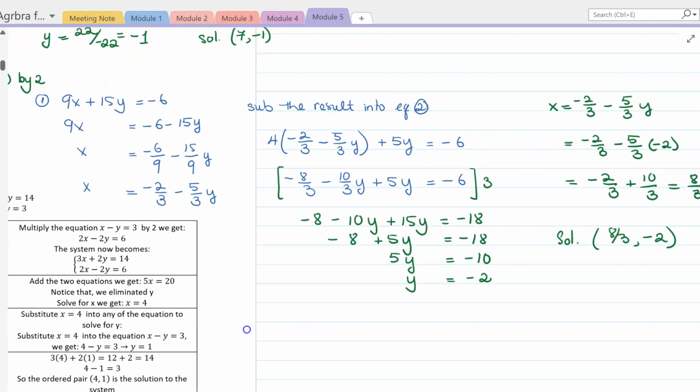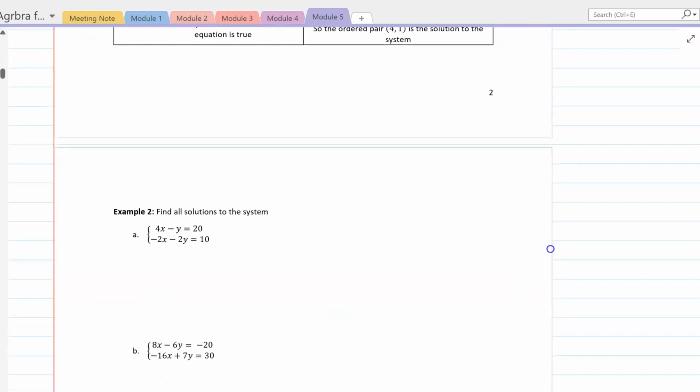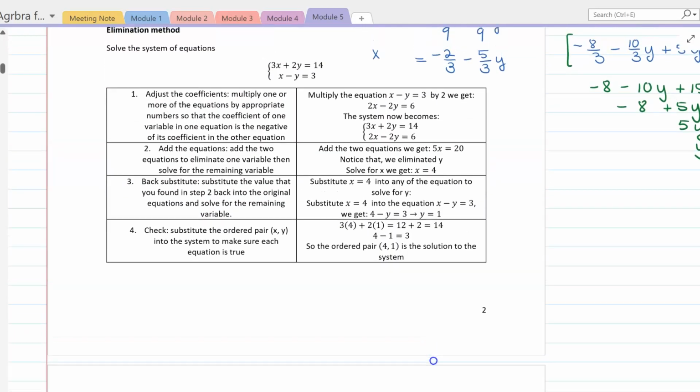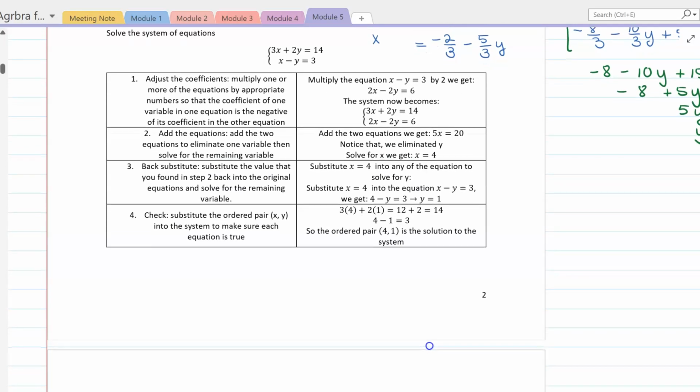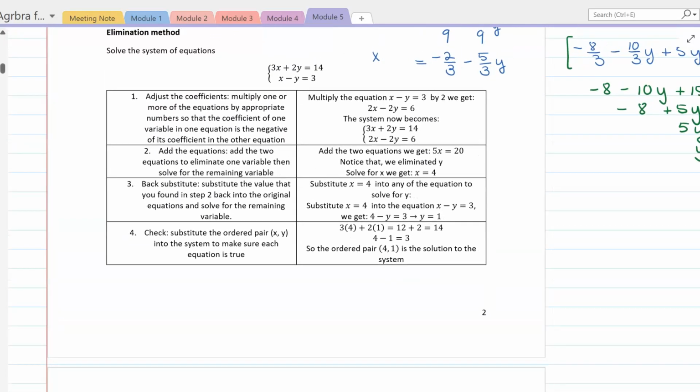The next thing we want to look at is solving the system of equations by using the elimination method. In the elimination method, the goal is to get rid of one of the variables first, and we use that result to solve for the other variable that is left over.